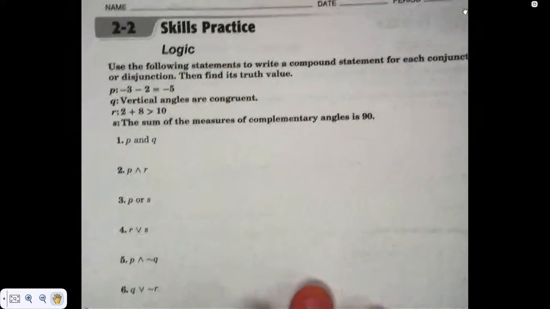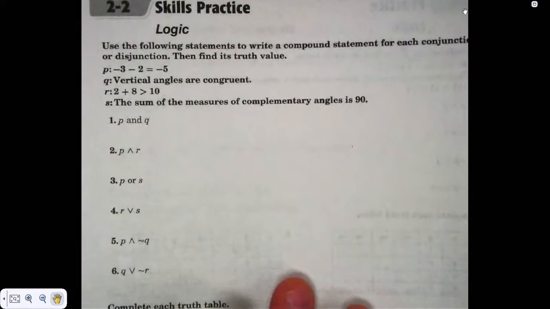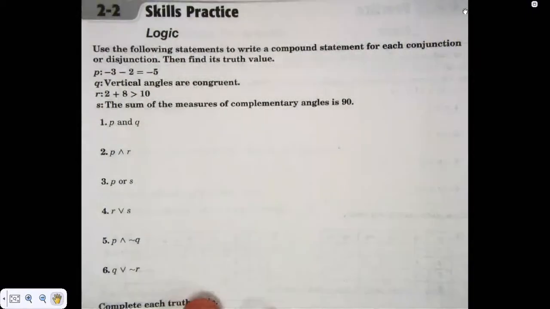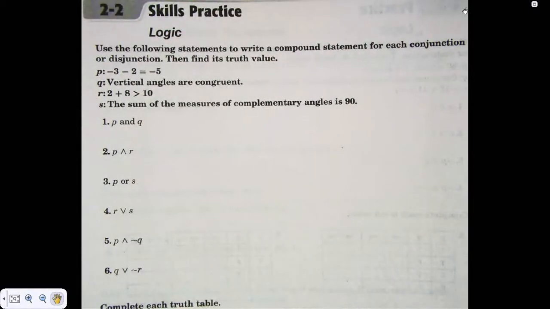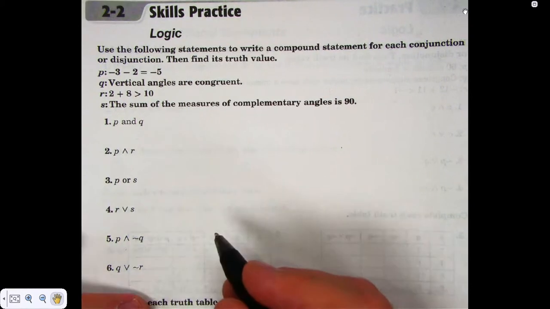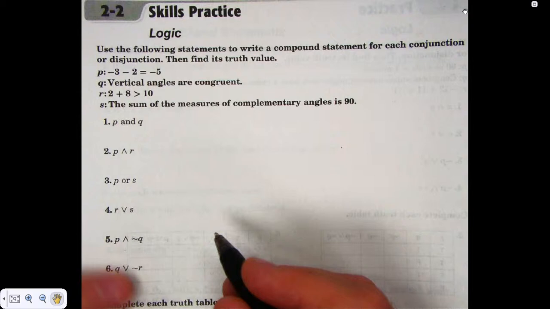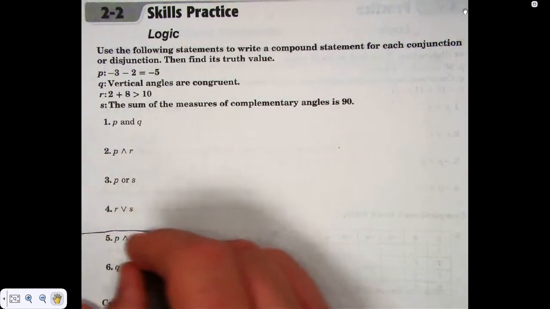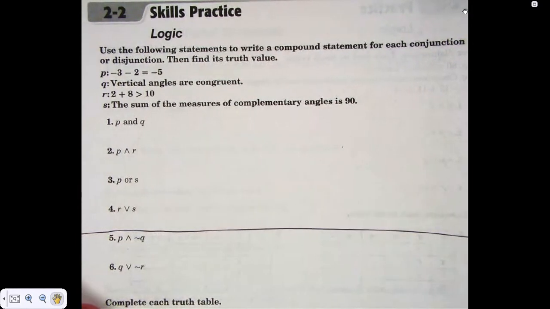They say, use the following statements to write a compound statement for each conjunction or disjunction, then find its truth value. I just want to focus on these top three right now. Five and six we have not talked about yet.